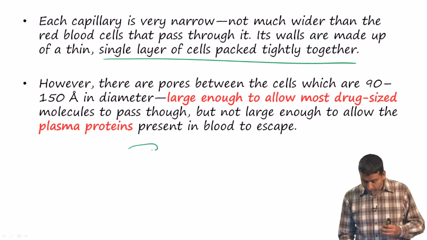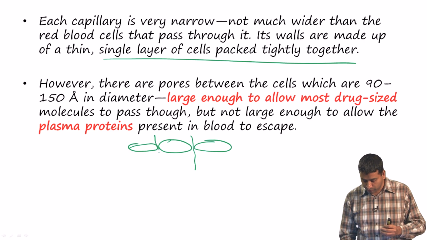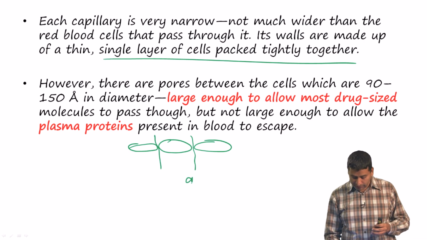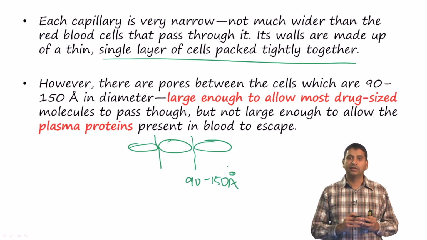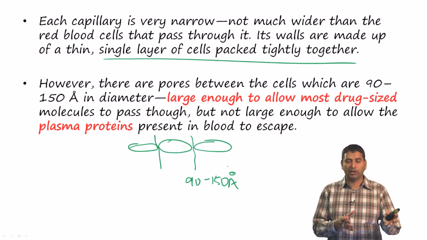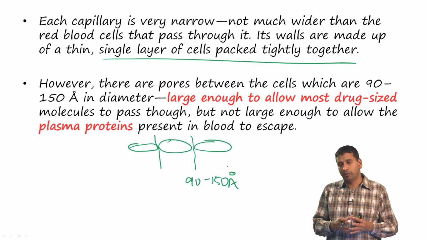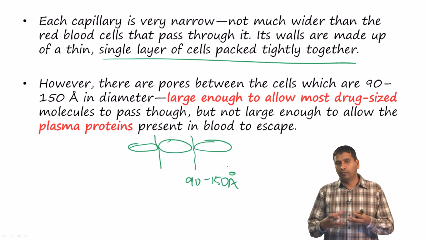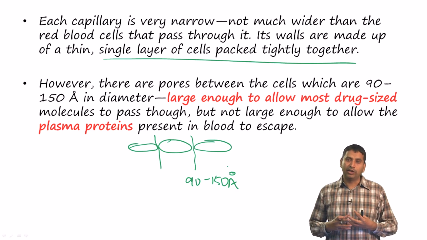So, you have these cells like this, and then there are these pores between these cells, and these are somewhere between 90 to 150 angstrom in length, and these are large enough to allow most drug size molecules to pass through. So, if you for example take a small drug like penicillin, it may be a few angstrom in size and diameter, and therefore, it is easy for it to pass through.